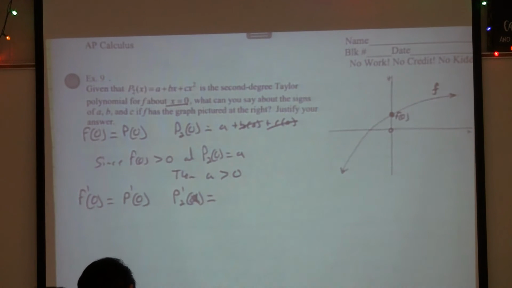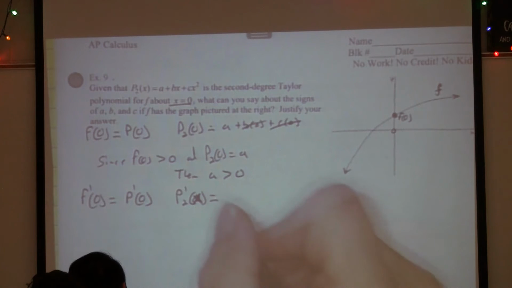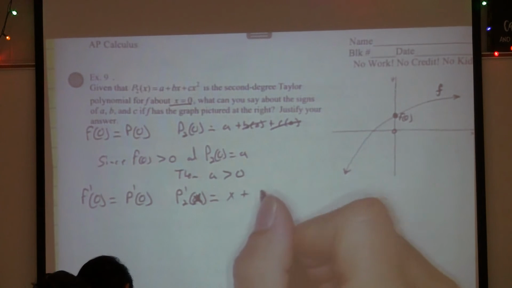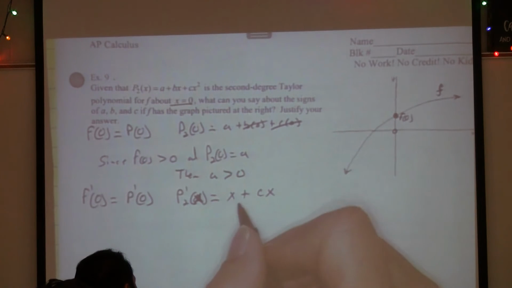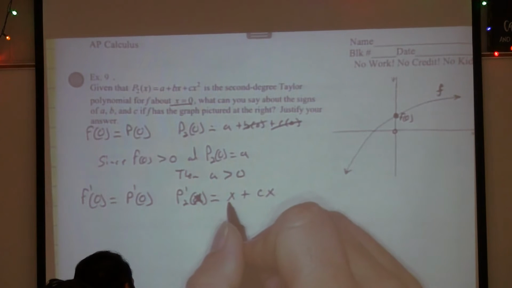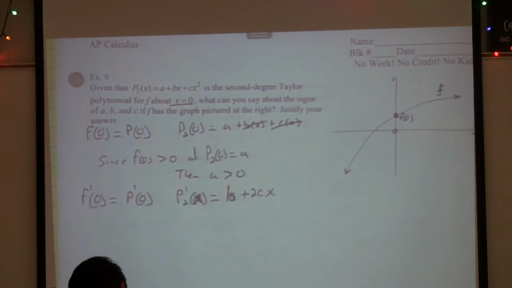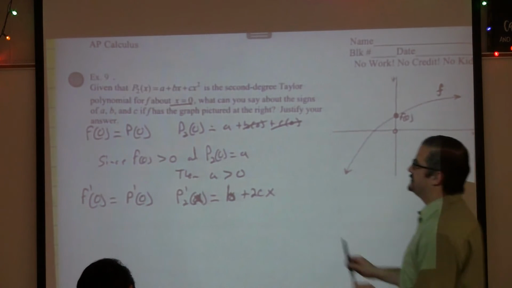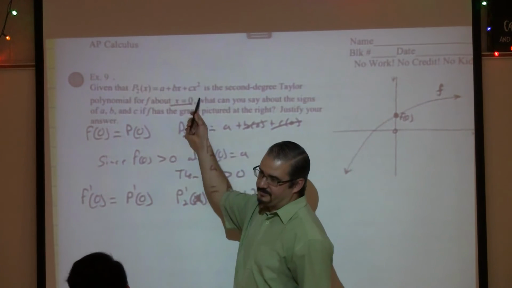It should be b plus 2cx, right? This is a constant, whose derivative goes away. The derivative of bx is just b, and the derivative of this is 2cx, yes?